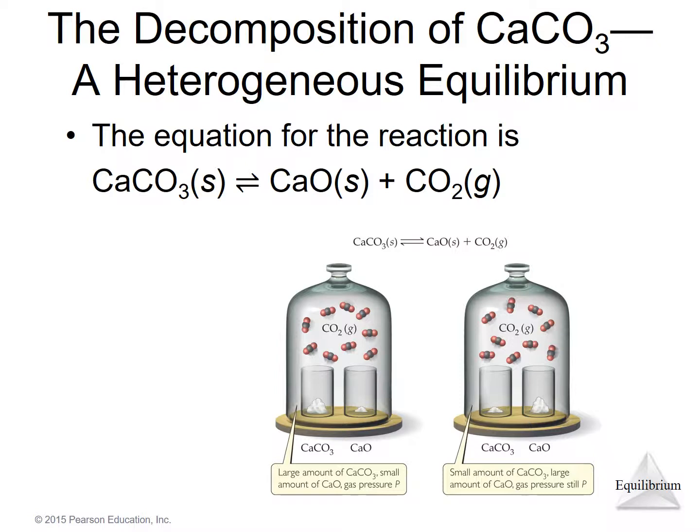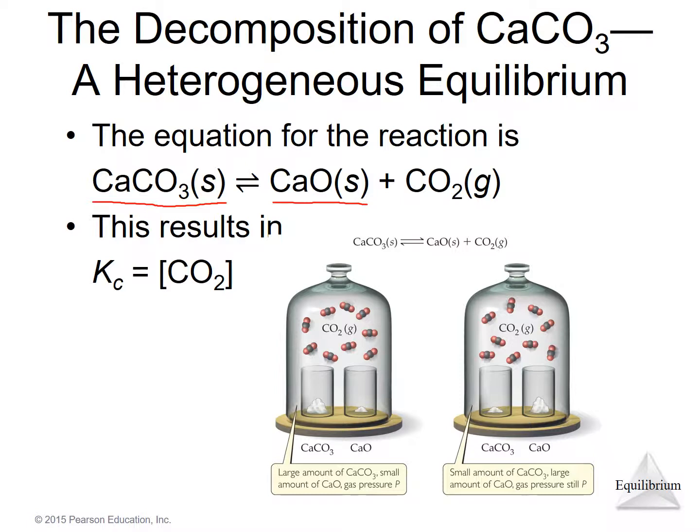So now notice in this expression, here's a pure solid, here's another pure solid. Those are simply not expressed in the equilibrium expression, or to put it another way, where they would appear in the equilibrium expression, we just leave a 1 in there. Again, simply because their concentrations don't matter.